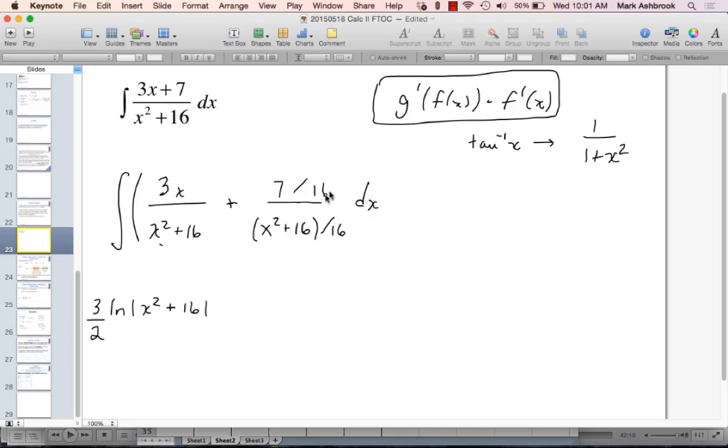Now we've maintained the equality of what we had before, and we're going to get that 1 in that key spot. So when we do that, this becomes 7/16, no problem, over 1 plus x squared over 16. Now we're making some progress.